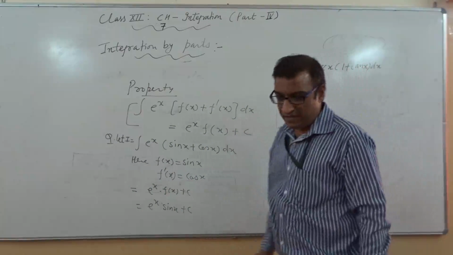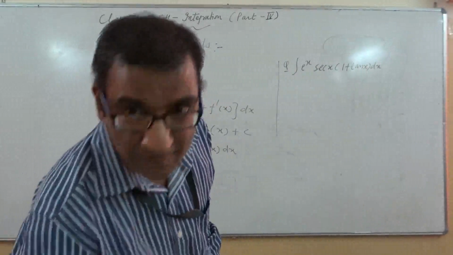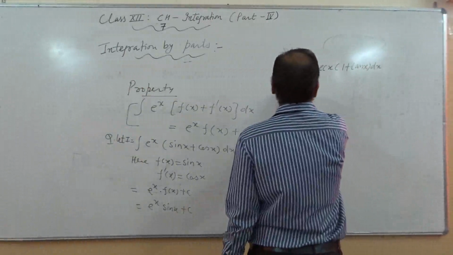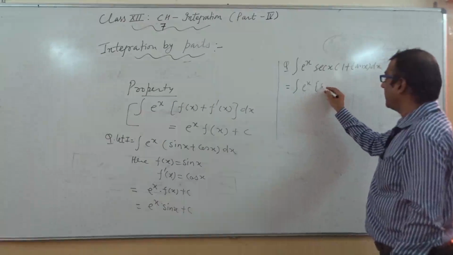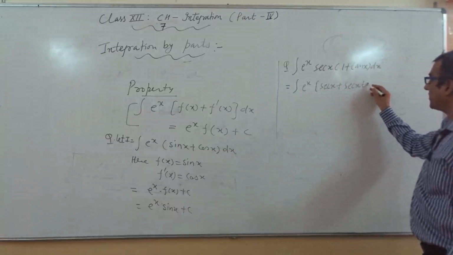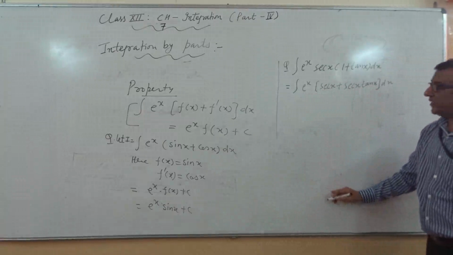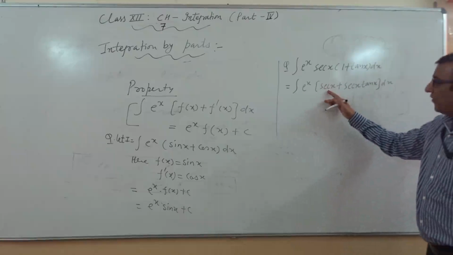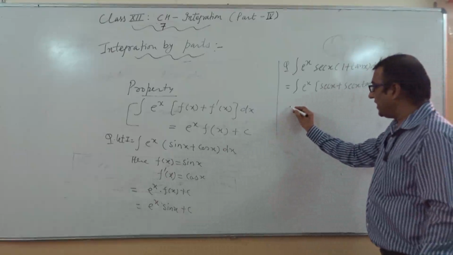It can be written as e raised to the power x, sec x plus sec x tan x. As you see here, sec x is the function and its derivative is already given. So we will write the answer directly.